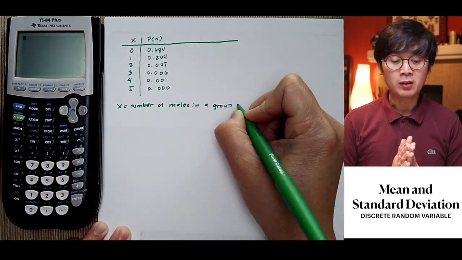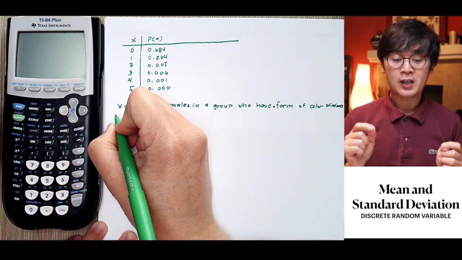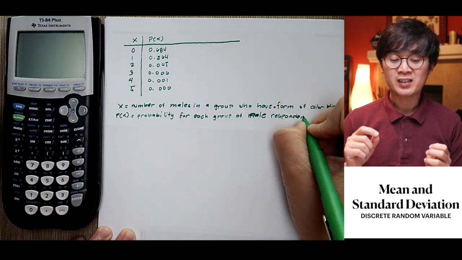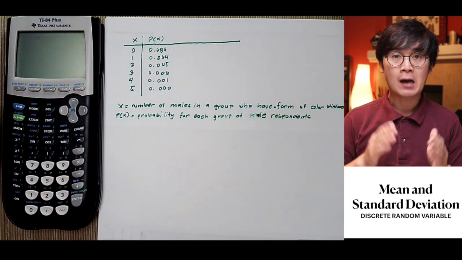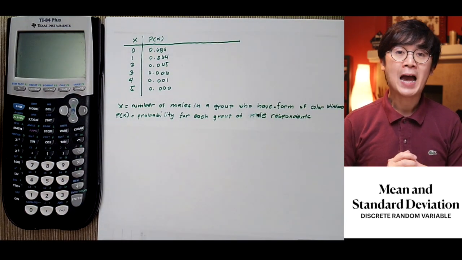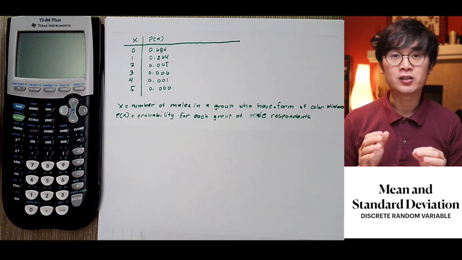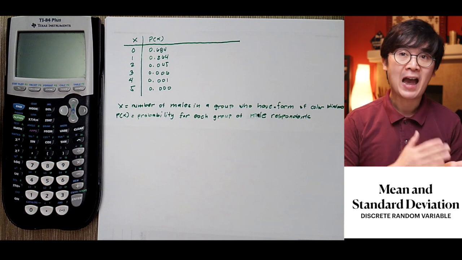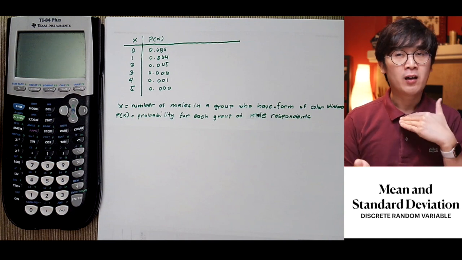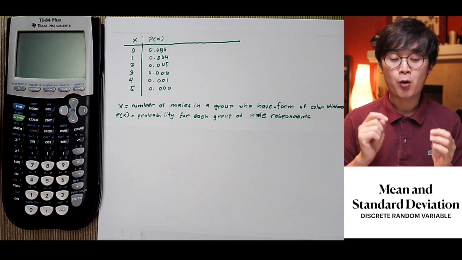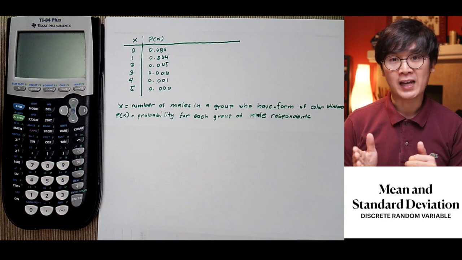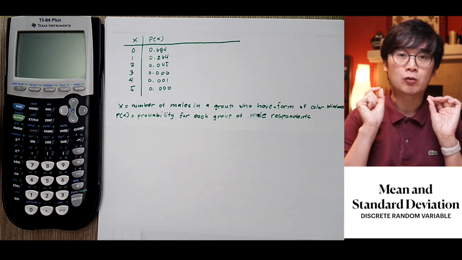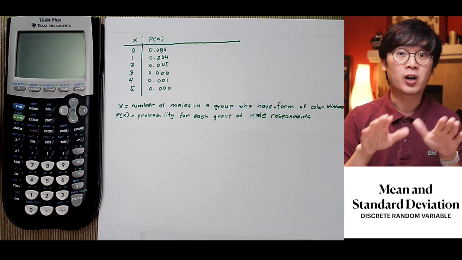So for example, p of 0 is given by 0.684. It means the probability that there are no males in that group who have some sort of color blindness is 0.684, or 68%, which probably means that that particular group of individuals are all female.